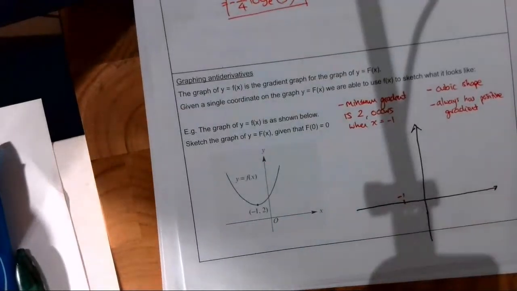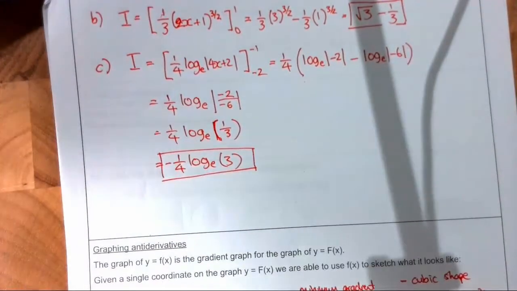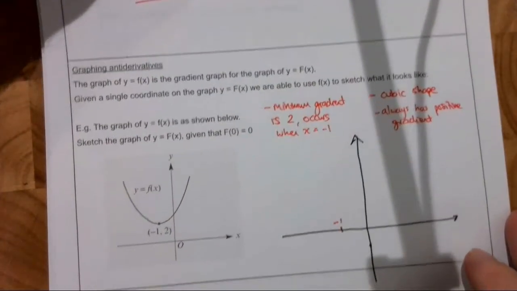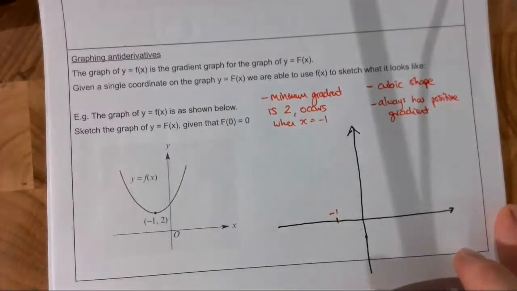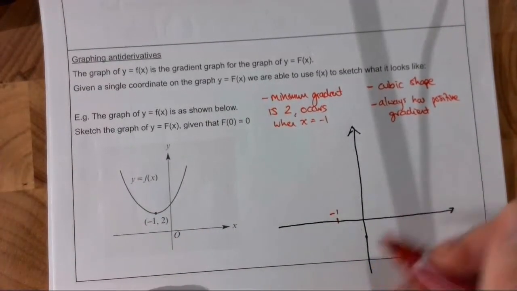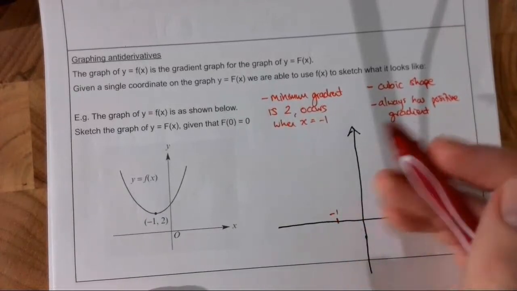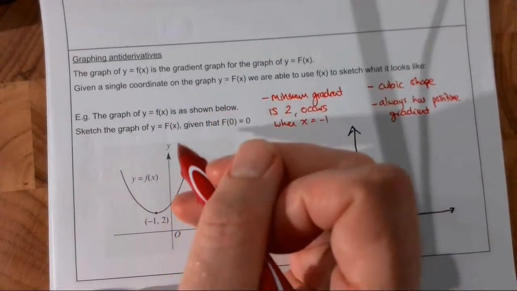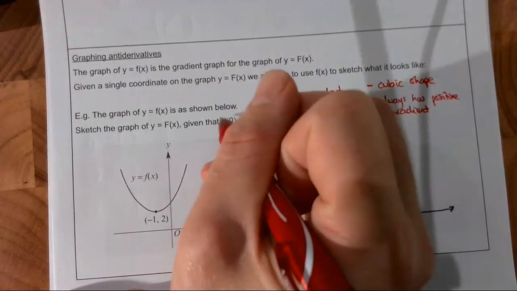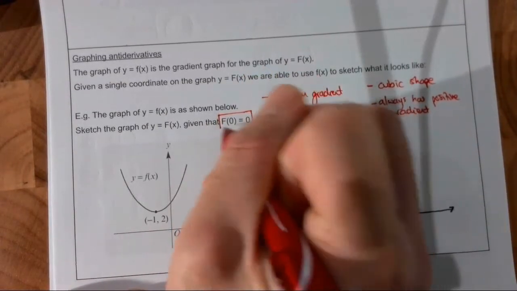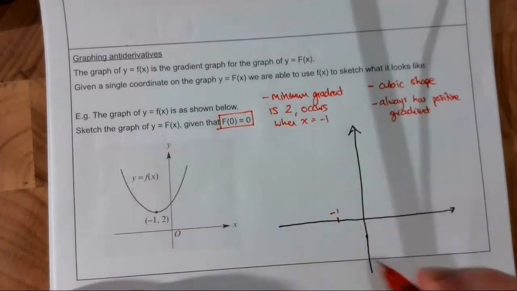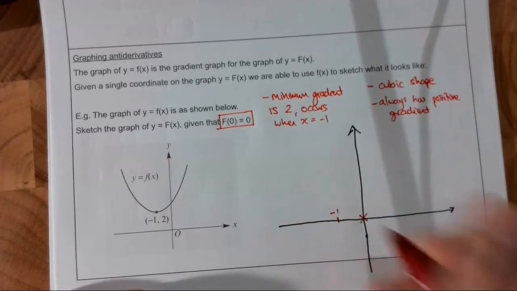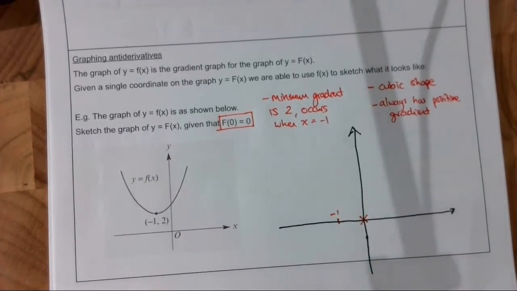We don't have any sense of where it's going to be, because all we've got is just information about gradients, except that in the question they tell us this: f of 0 equals 0, big F of 0, which means we must go through this point here, 0, 0.